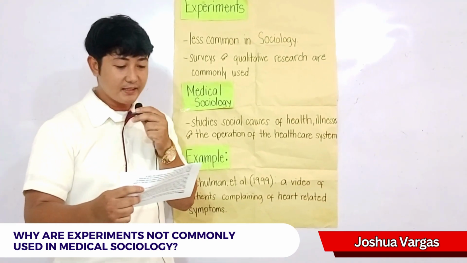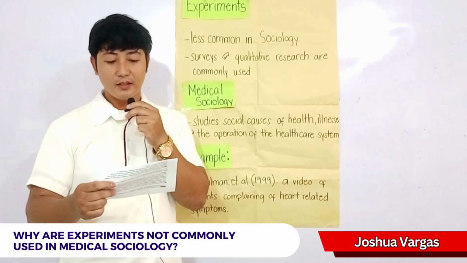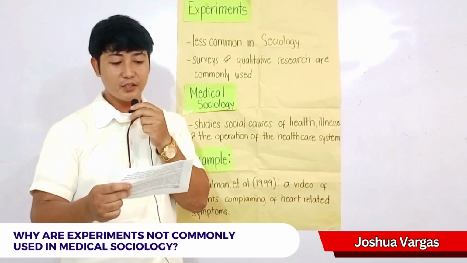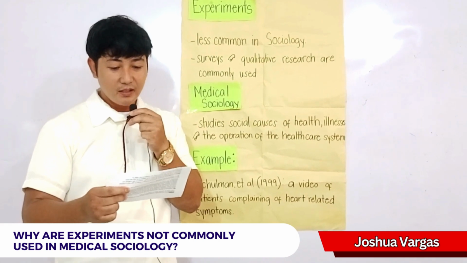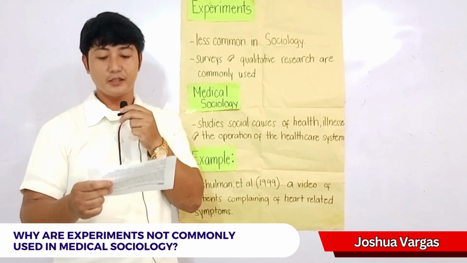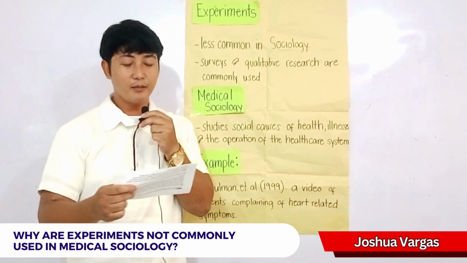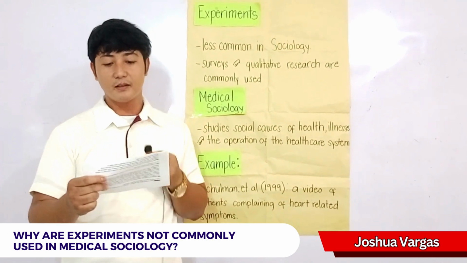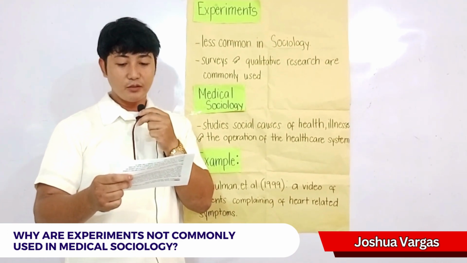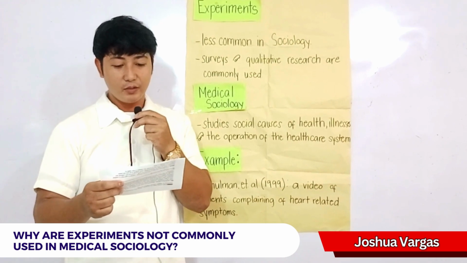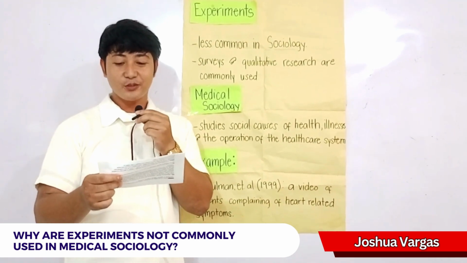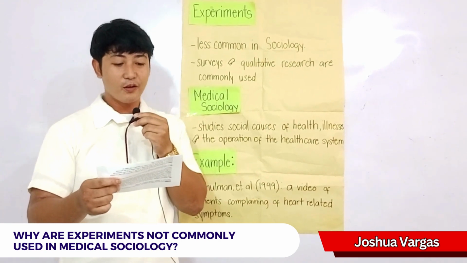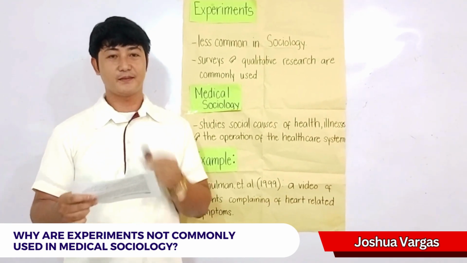So, as we analyze, in the given example, it is not feasible to conduct an experiment because it is impractical to monitor their health, since society is full of diverse status, and putting them into isolation would be unethical. And of course, one thing to consider first before conducting a research is feasibility. Therefore, it is better to conduct it in a survey and qualitative way.